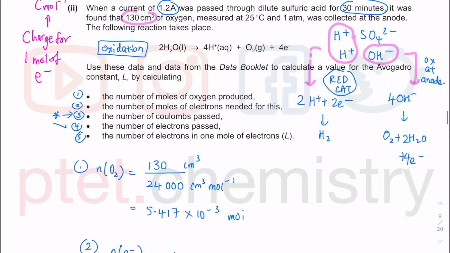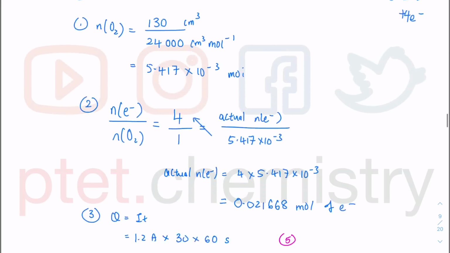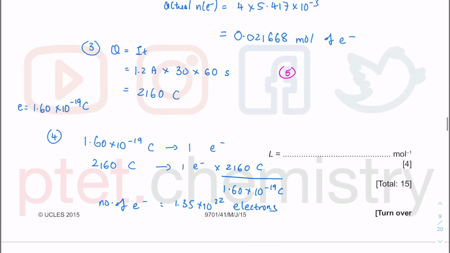We want the number of electrons in 1 mole of electrons. So the number of electrons is equal to Avogadro's number multiplied by the mole of electrons.